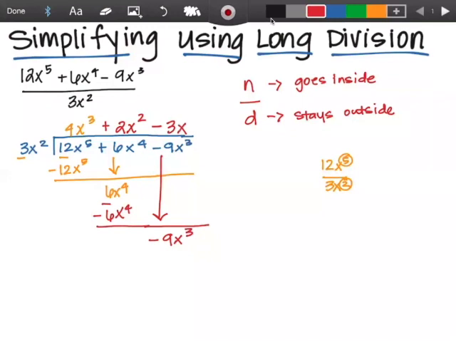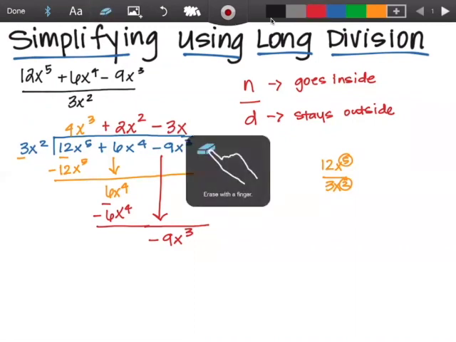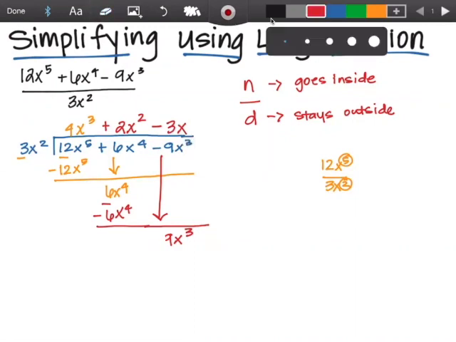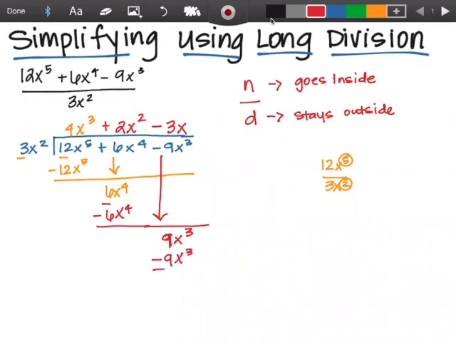Because 3 minus 2 is 1. Sorry, didn't mean to put that down there. I don't bring down the negative sign. I'm sorry. Negative 3 times 3 is negative 9. X squared times x is x to the third power. And that leaves us with a remainder of 0.